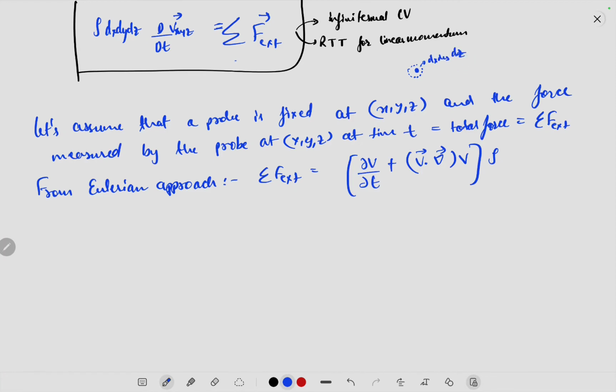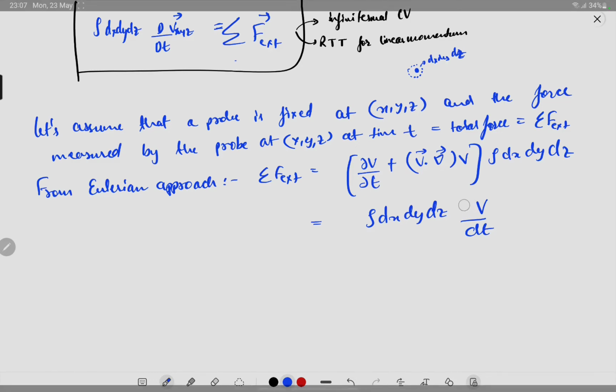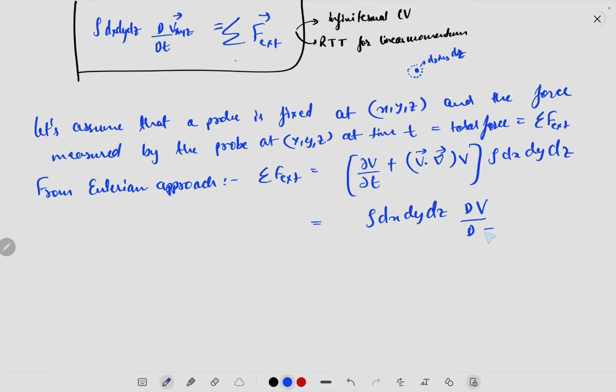So I can write this as rho dx, dy, dz. Okay, and in Lagrangian approach this is nothing but rho dx, dy, dz, dv by dt, and this dv by dt is also written as this. Okay, to show that this is in the Lagrangian approach.